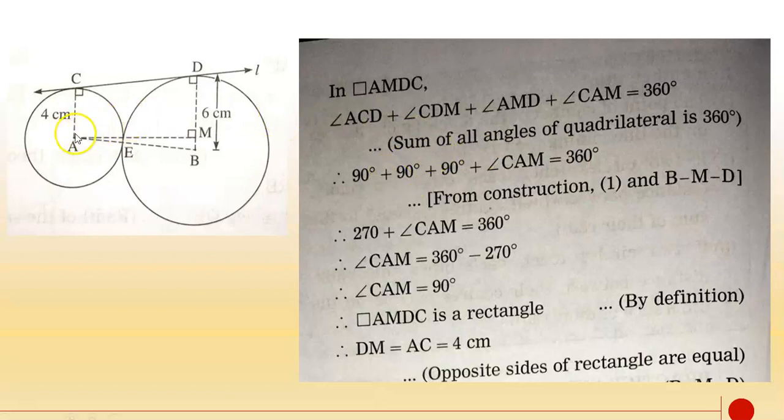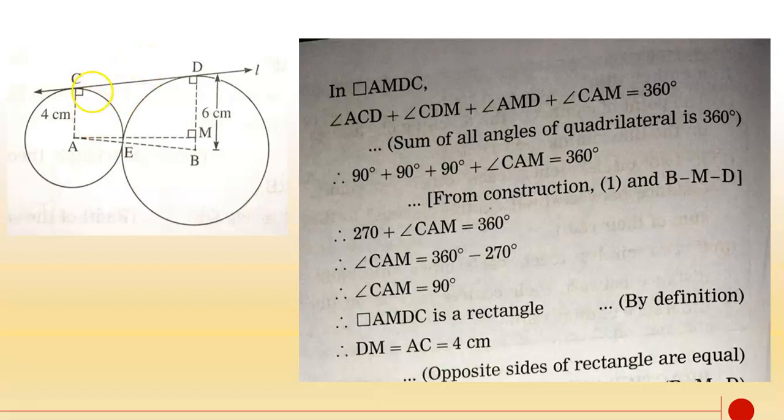Now, in quadrilateral AMDC, angle ACD, this angle, plus angle CDM, this angle, plus angle AMD, plus angle CAM. These are all angles of a quadrilateral, which is equal to 360 degrees. Reason: the sum of all angles of a quadrilateral is 360 degrees.